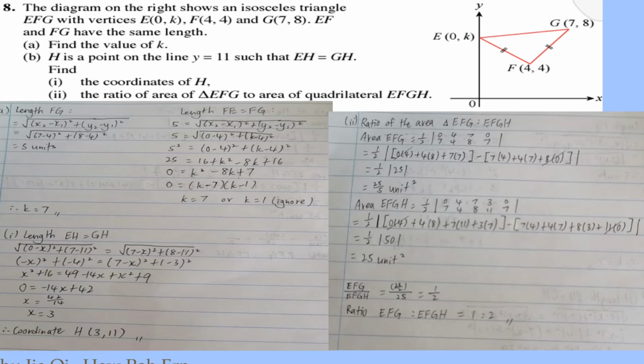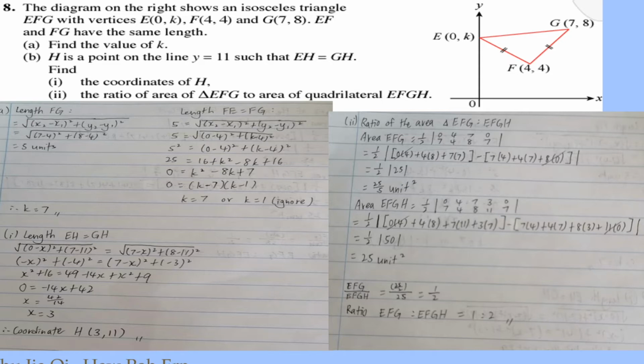For B1, length EH equals GH. Square root bracket 0 minus x square plus bracket 7 minus 11 square equals square root bracket 7 minus x square plus bracket 8 minus 11 square.